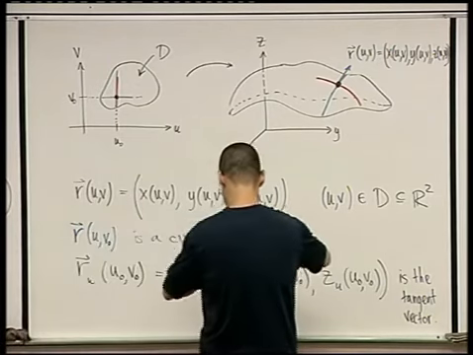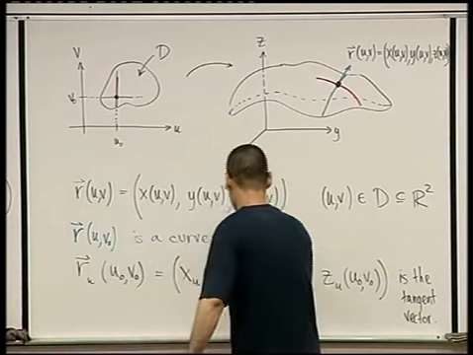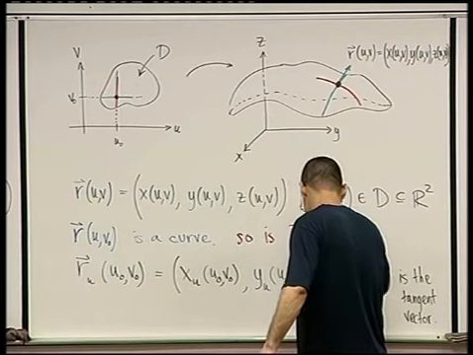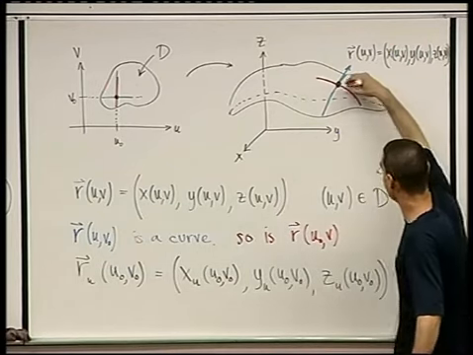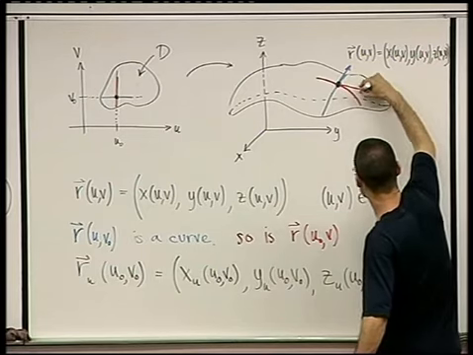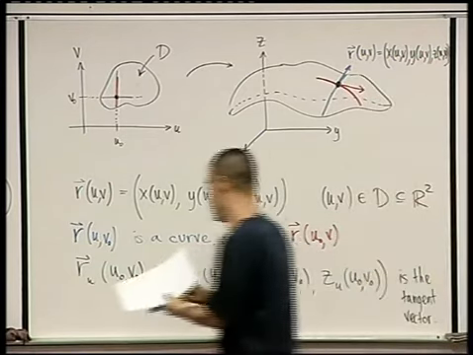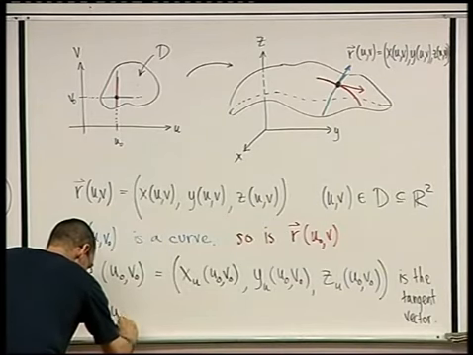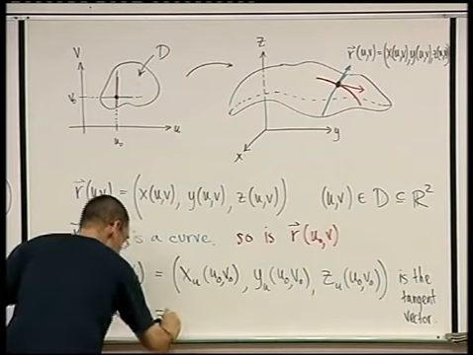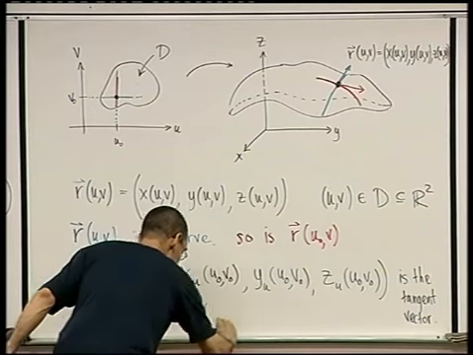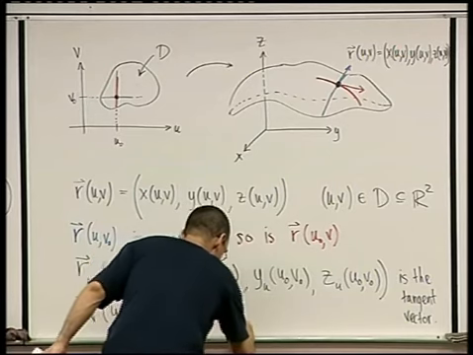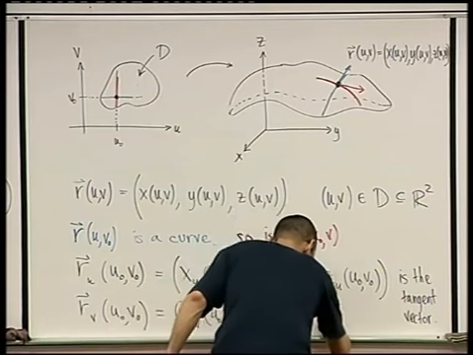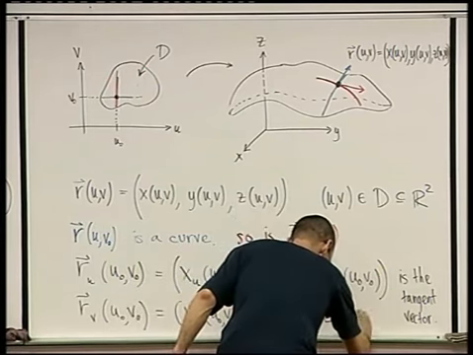R, let's write it in red, so is R of U0, V, that's this red curve, and its tangent line at the point is given by R sub V at U0, V0, which is x sub V at U0, V0, y sub V at U0, V0, and z sub V at U0, V0.